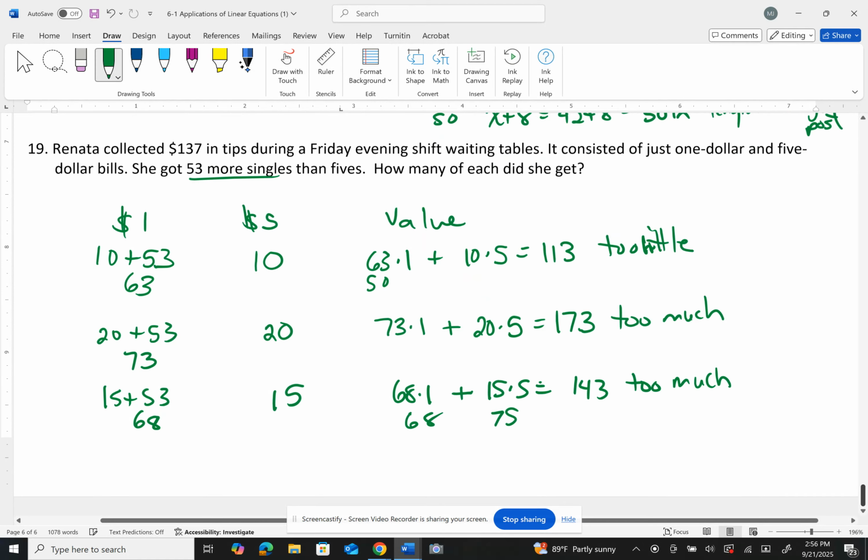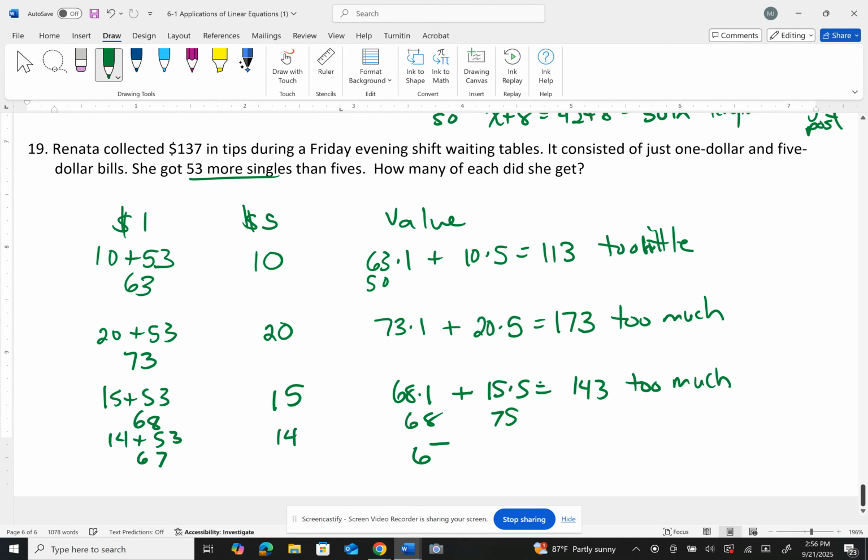All right, so let me drop it down. And if I drop it down to, say, 14, then I'm going to need 53 more than that, which would be 67.